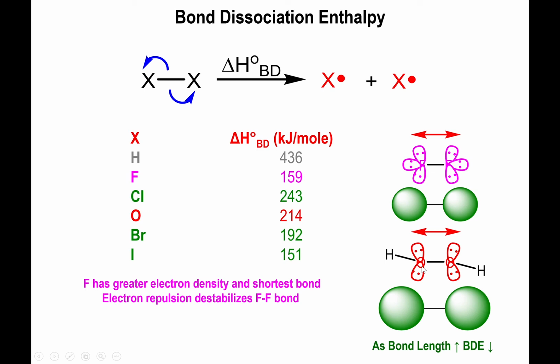It doesn't have as many lone pairs, right? In fact, one of the lone pairs is substituted by that oxygen-hydrogen bond, but you still have 2 lone pairs, and being in close proximity still creates some steric repulsion. So what you do see is that the oxygen-oxygen bond in the peroxide molecule is slightly weaker than that of the chlorine-chlorine bond.